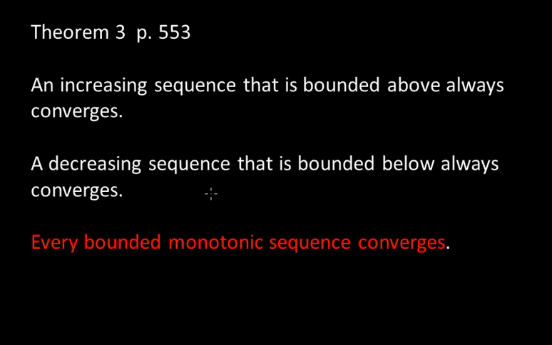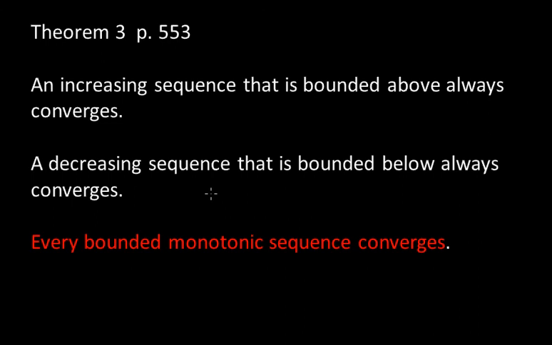This is a very important theorem that we will use in our study of series. An increasing sequence that is bounded above will always converge, as we saw 2 slides ago with our examples. And a decreasing sequence that is bounded below always converges.